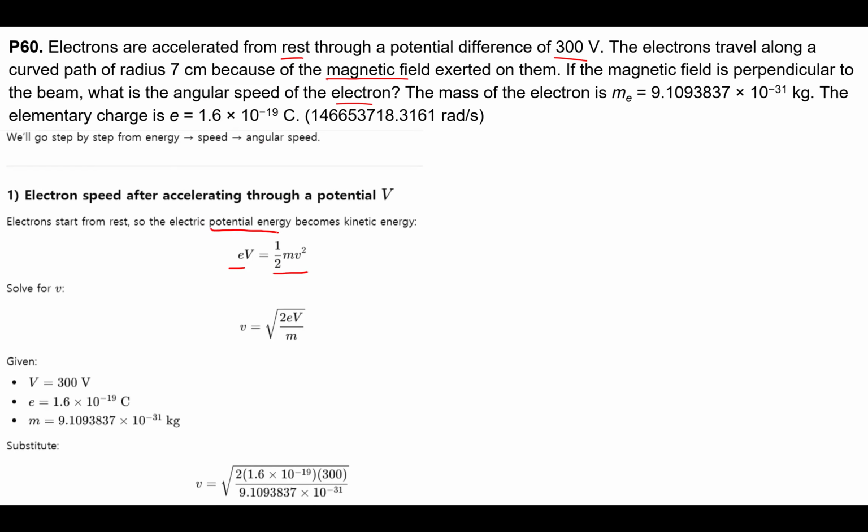So potential energy becomes kinetic energy, and from this we can find out velocity. Okay, and then we can put those numbers in, but once again, we have to be careful of the units: volt, coulomb, kilogram. And then you get a meter per second.